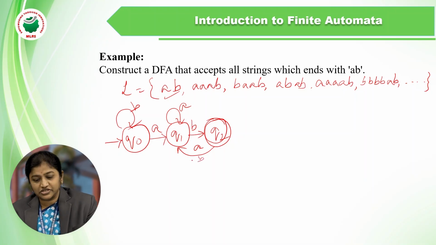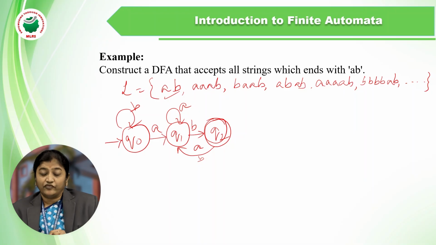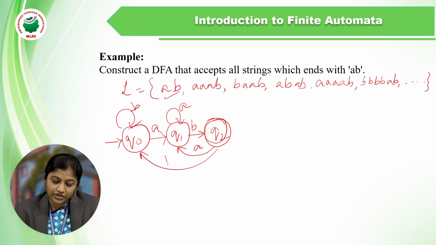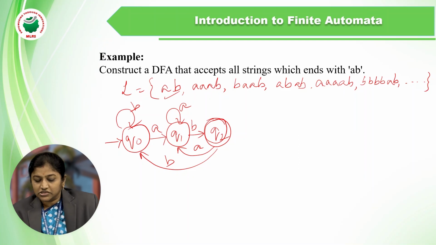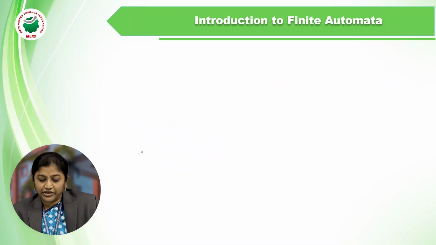If we take B, the possibility is A, B, B, B, which ends with BB, not given in the condition. Hence, we cannot take a B here. Where should we take B then? Check here: if Q2 takes B, then we can go with this. B here.